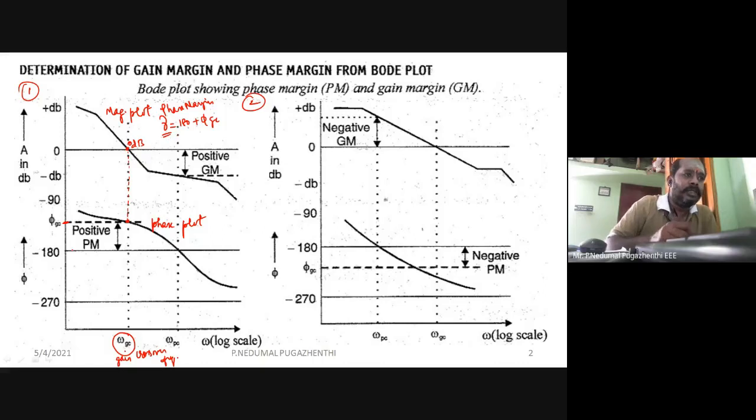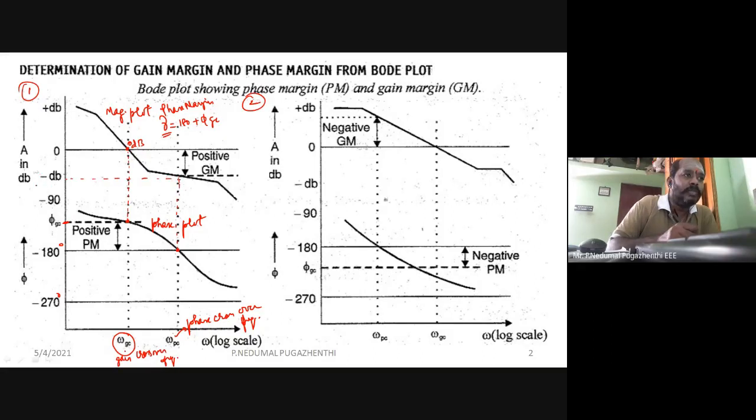Right? For gain margin, take the minus 180 degree line. You extend the line, it will cut your phase plot at a point. The corresponding omega is called the phase crossover frequency. Extend the point there to the magnitude plot; the corresponding value gives your gain margin.